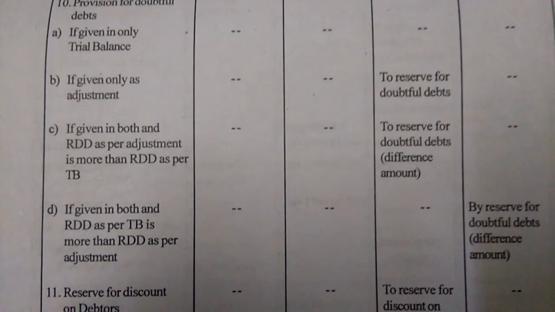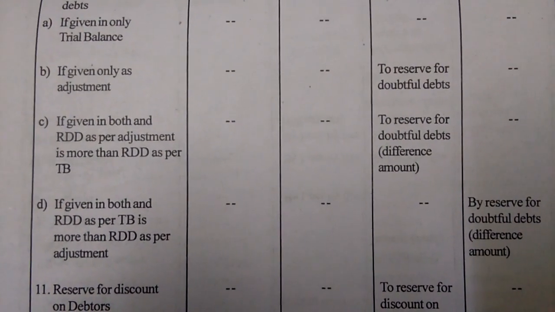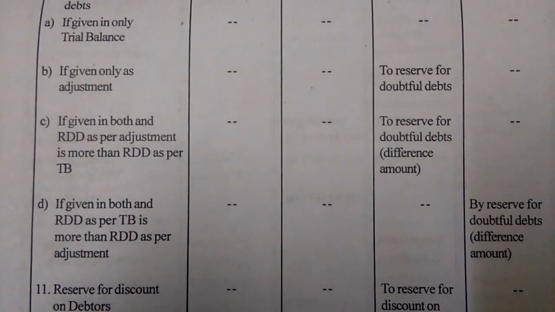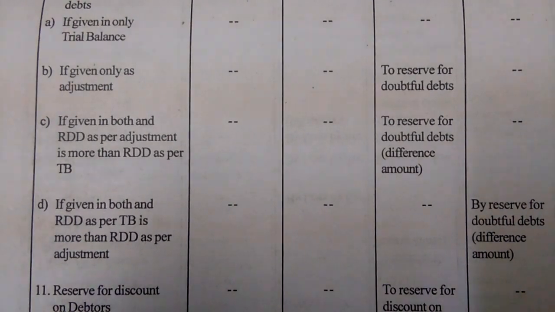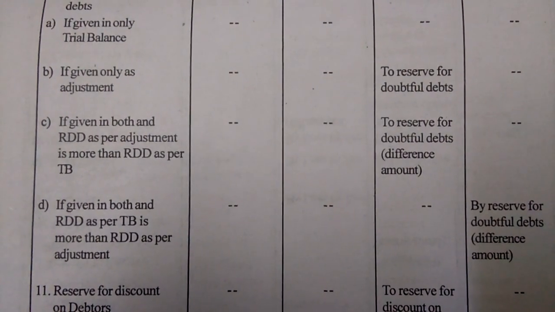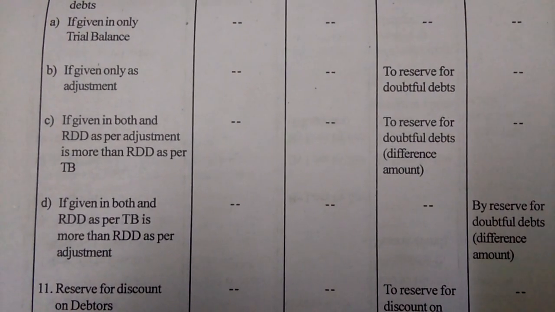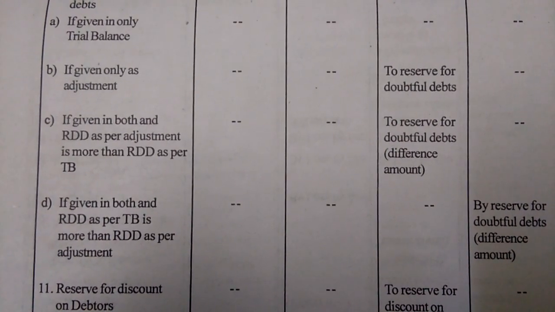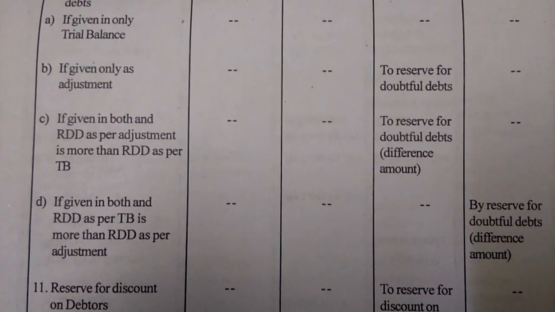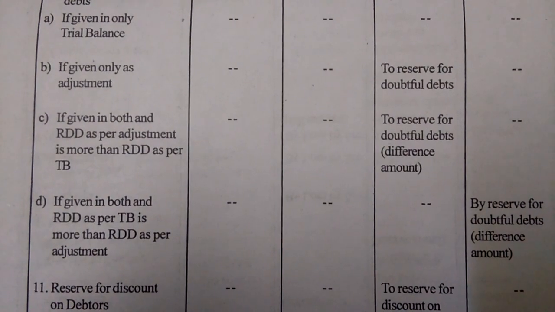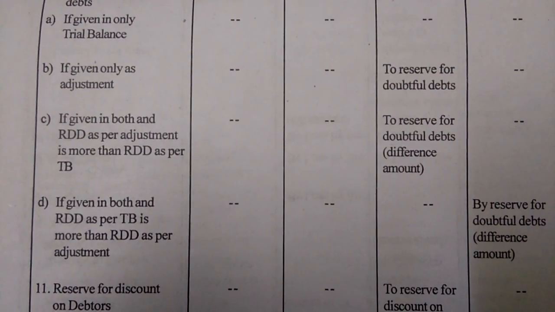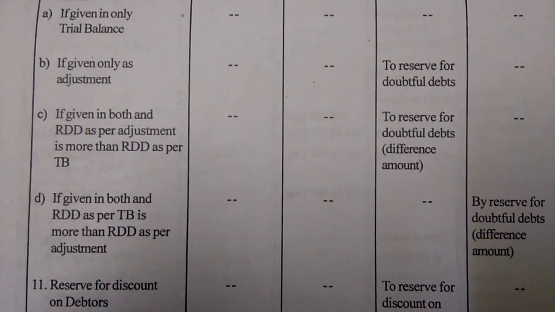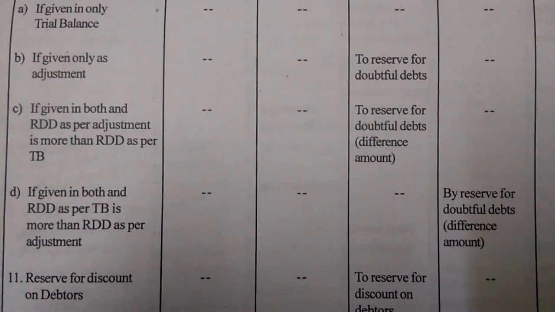C: if given in both, RDD as per adjustments is more than RDD as per TB. That means the old reserve and new reserve for trial balance.